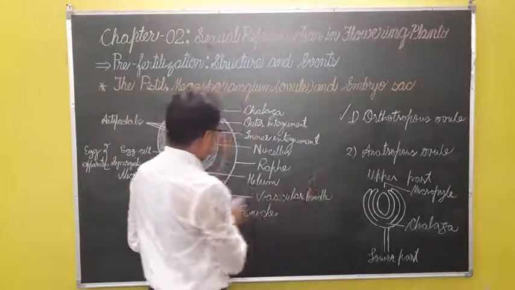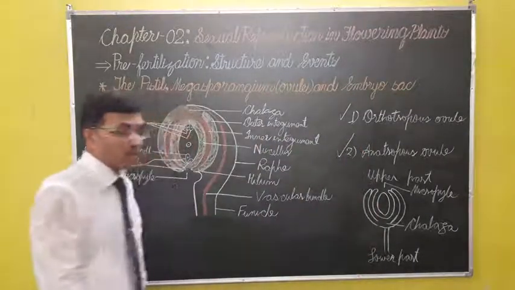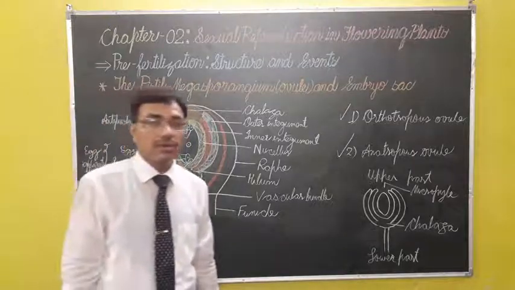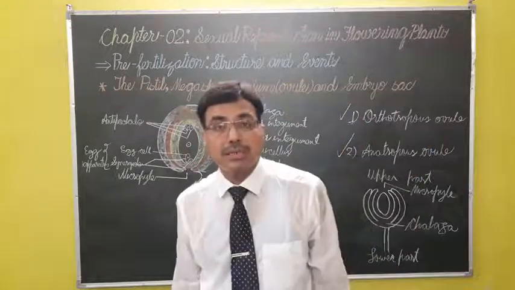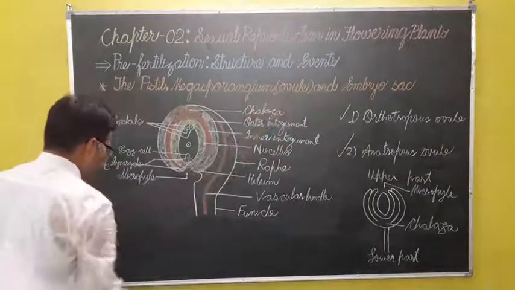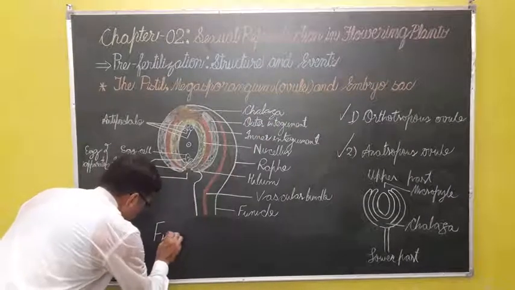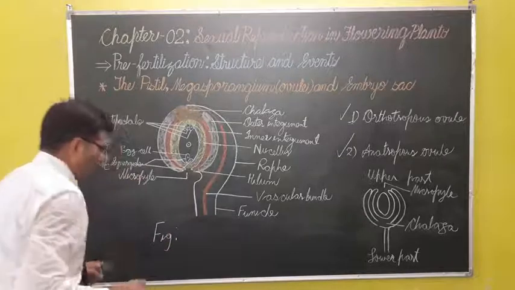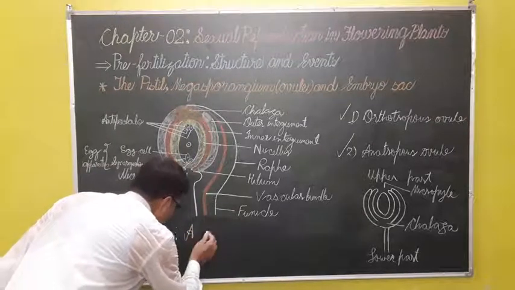So two types of ovules are there: orthotropous ovule, and the second one is the anatropous ovule. Anatropous ovule is called the typical ovule. Do you know why? Because in the majority of flowering plants, the anatropous ovule is formed. So this is the diagram of a typical ovule.